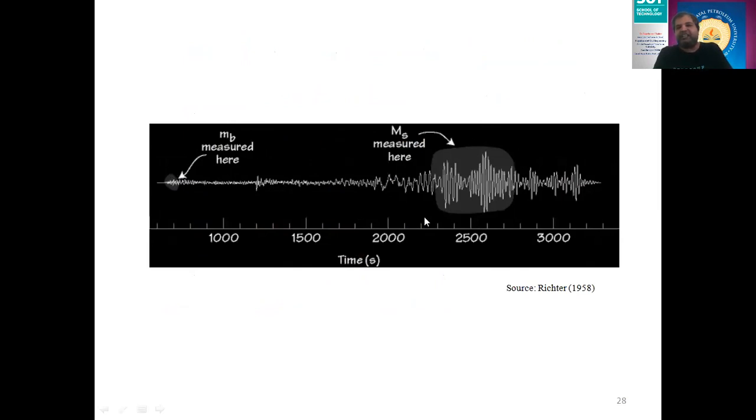If you want to measure the surface wave, you need to look at the recording somewhere here. So this is the surface wave recording. Here the maximum value is what you plot for the MS value, right? So this is the basic difference in where you take the amplitude for MB as well as for MS.